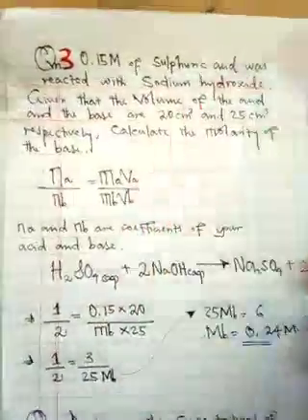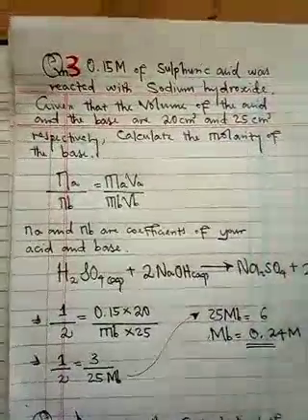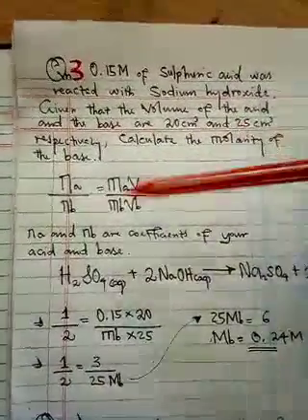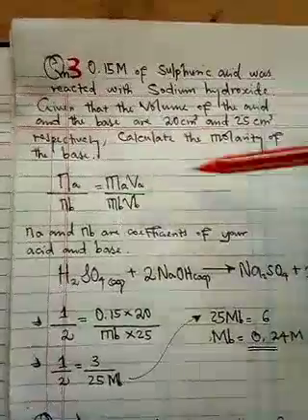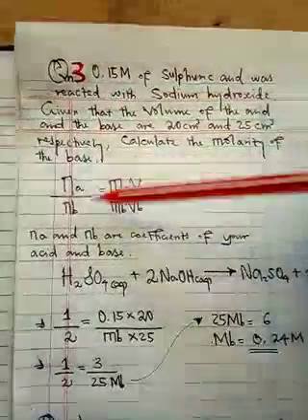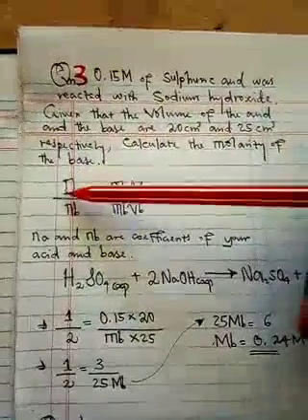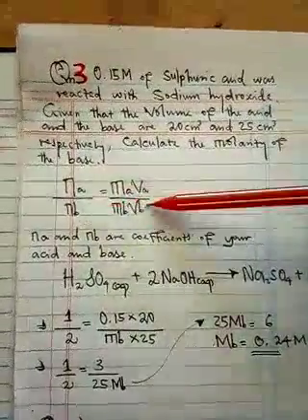Now, of course, it's easy for us to plug in our values for the molarity of the acid, volume of the acid, molarity of the base, and the volume of the base. Challenges, however, might come when trying to substitute the values for Na and Nb.